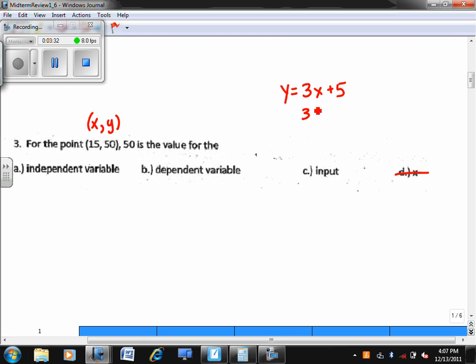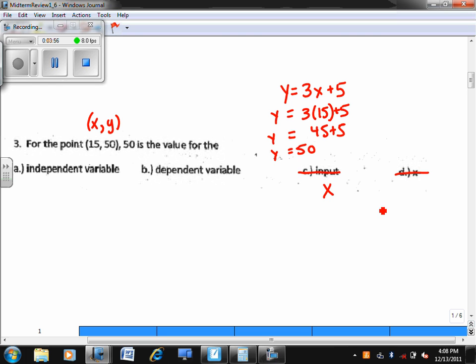So let's say x is 15. So that'd be 3 times 15 is 45 plus 5. Well, we know that 45 plus 5 is 50. So y equals 50. We put something in for x. Our input is our x as well. So we know it's not input.